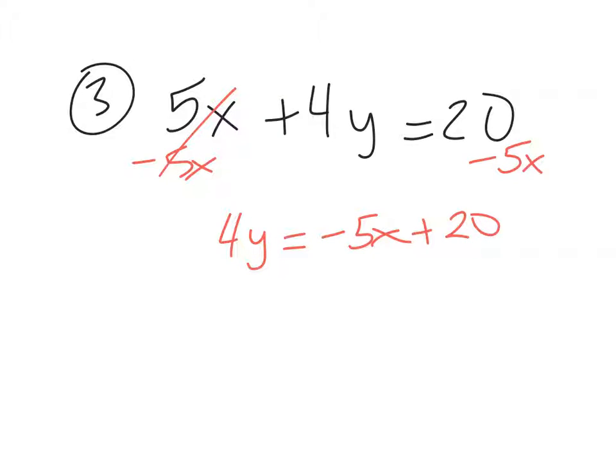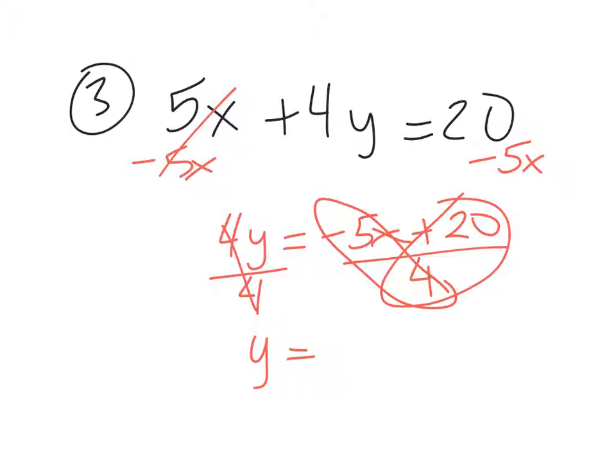What's my next step? Trying to get the y by itself. Get the 4 away from the y. So you get y equals, and then I simplify. I can't simplify negative 5 over 4, so I just leave that. And then I can simplify 20 divided by 4, which is 5.